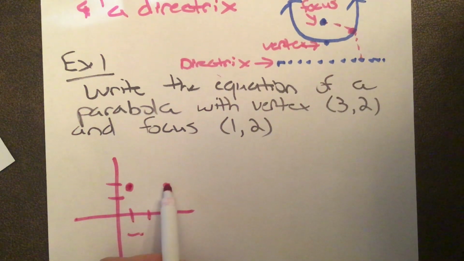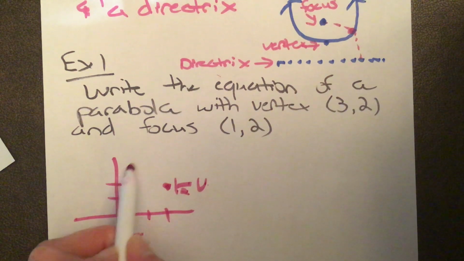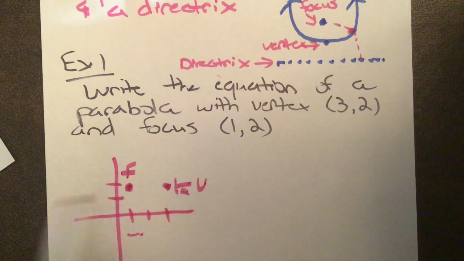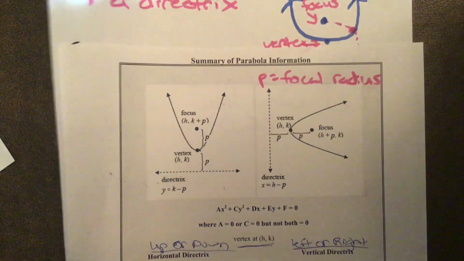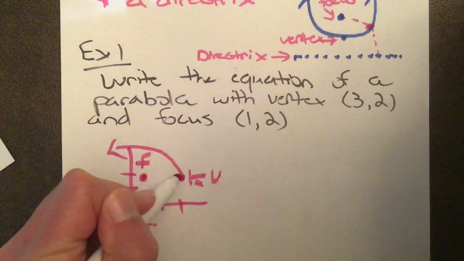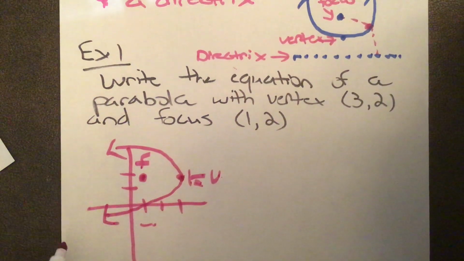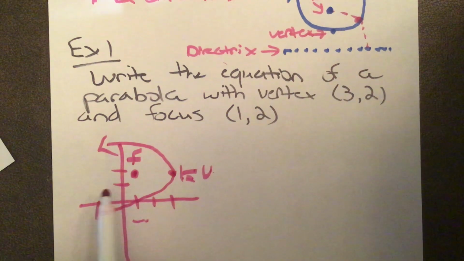So this is my vertex, I'll put V, and this is the focus. Remember, from these pictures, the focus is always inside the parabola. So based on that, I know my parabola would have to open this way. Okay, so that's a sketch of what it would look like.